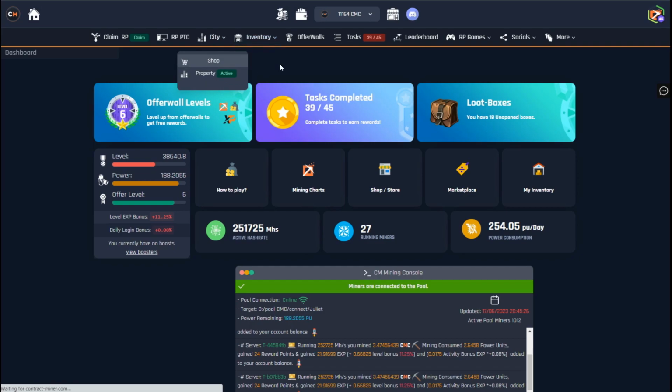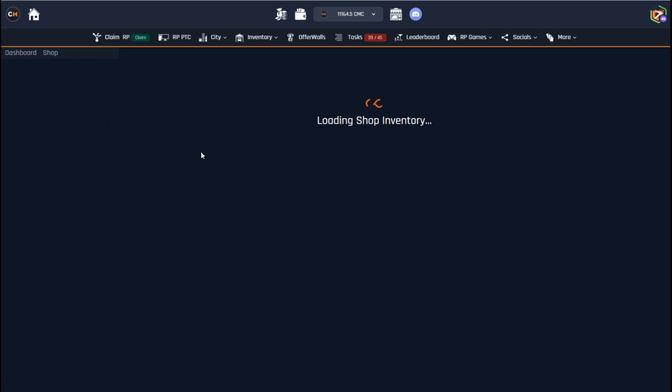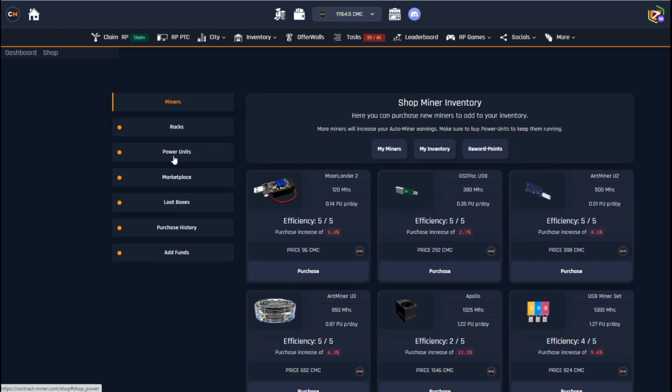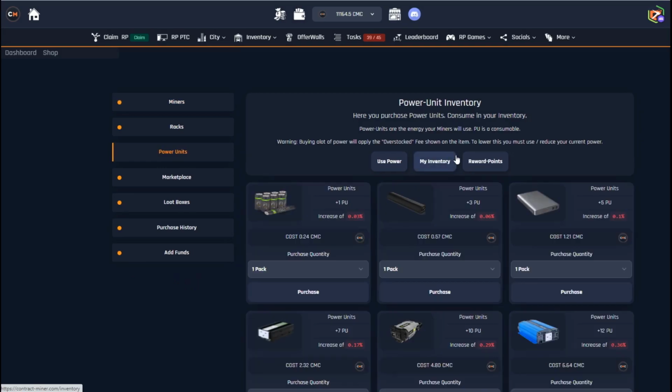Anyway, if we go into the shop, the only thing that I sort of missed is that when you buy your power unit, you used to have your energy bar here. It's not on this page at all. You could see the energy bar going up as you were buying your power units.